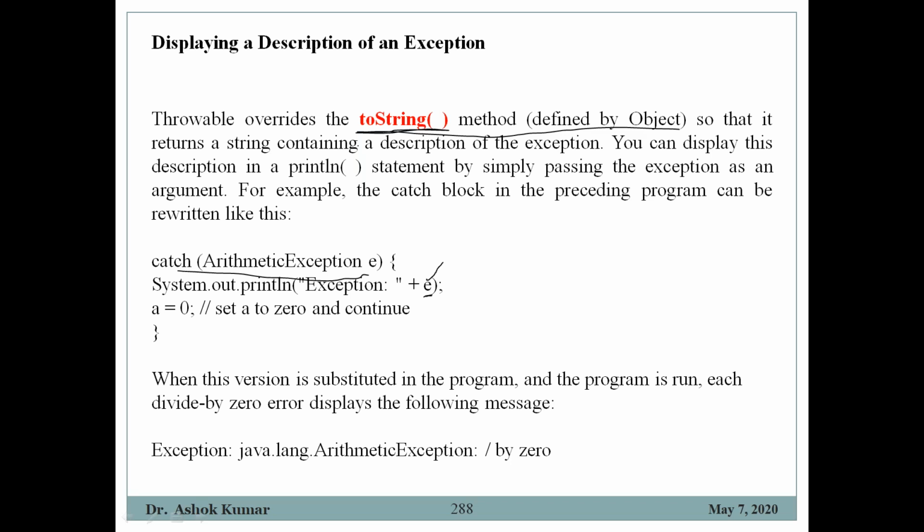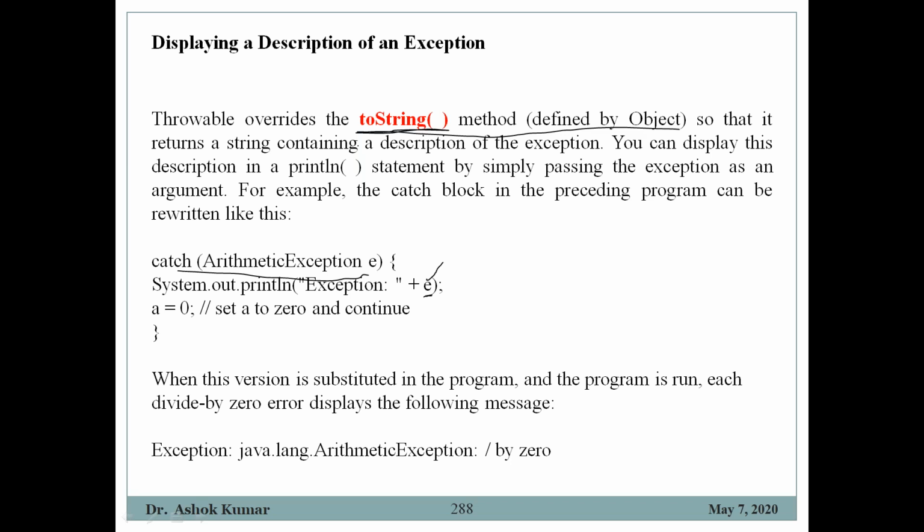So each and every class that you write in Java will be a subclass of the Object class implicitly. That means, because the toString method is defined in the Object class, it will be there in all the classes.